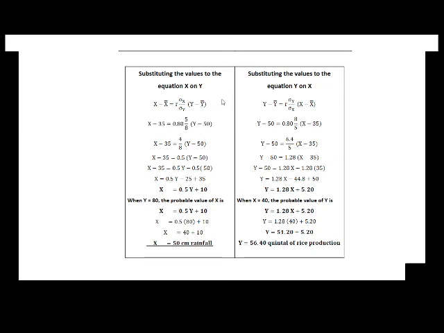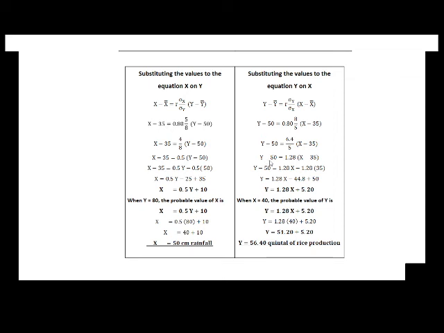Likewise, substituting the values into the equation y on x: y minus y bar is equal to correlation into standard deviation of y divided by standard deviation of x, times x minus x bar. Putting in the given values, y minus 50 is equal to correlation 0.80, standard deviation of y is 8, standard deviation of x is 5, times x minus the arithmetic mean of x, 35. Y minus 50 is equal to 6.4 divided by 5, times x minus 35.